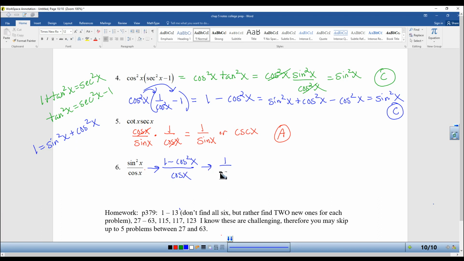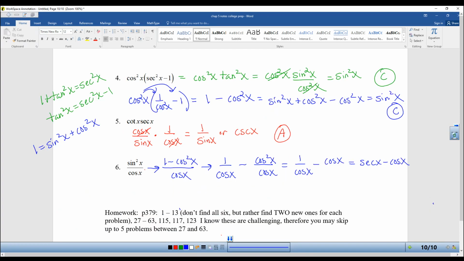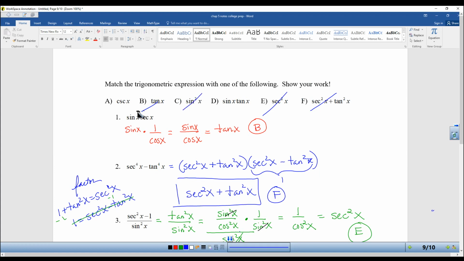Then if I separate them, minus cosine squared x over cosine of x, then I get 1 over cosine of x minus cosine of x, which is secant of x minus cosine of x. And I look to see it's not there. So you might want to think about what's left. We've used B, F, and E, and from the next page we've already used C and A. But as you can see, that leaves me with D.